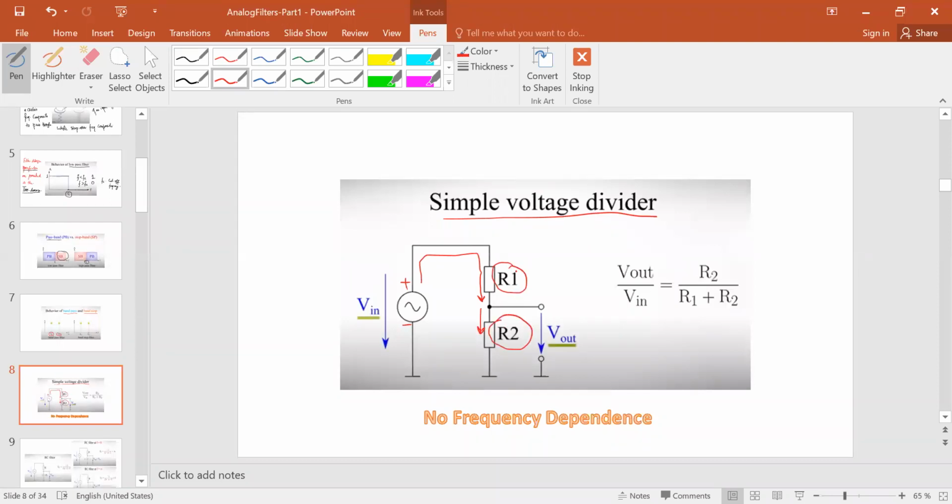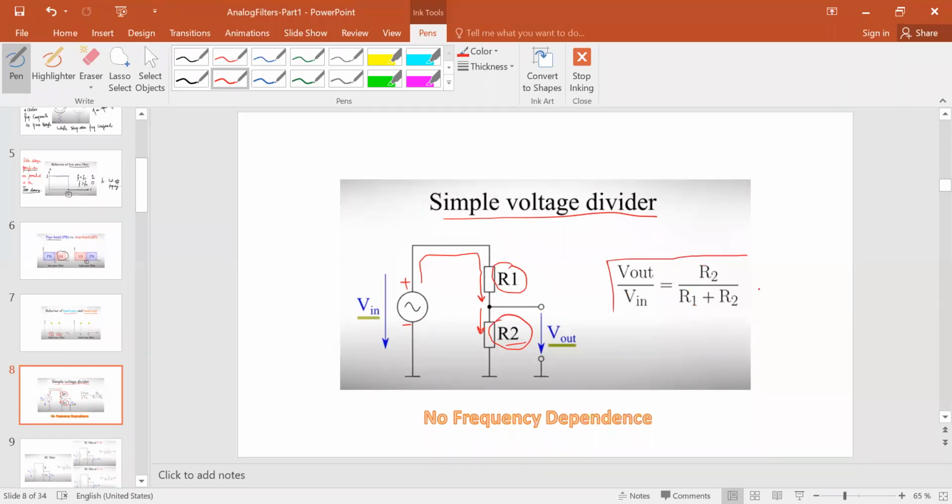If I apply KVL and simplify the Kirchhoff voltage law, I will end up with this equation. V out is across R2, so V out over V in is equal to the resistance R2 divided by the total resistance R1 plus R2.